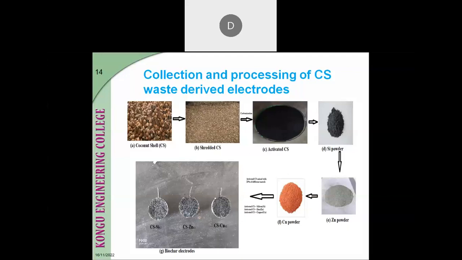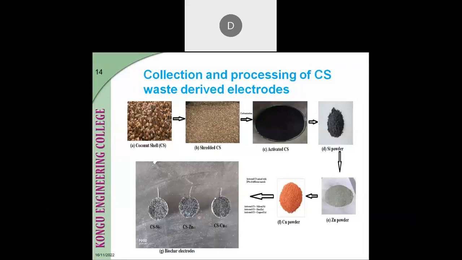Similarly, the coconut shell waste mixed with 40% metal is also produced. Again, the process is repeated. We have to dry the shell, sieve it, break it into small pieces, and grind it.